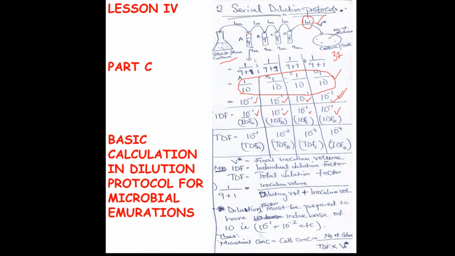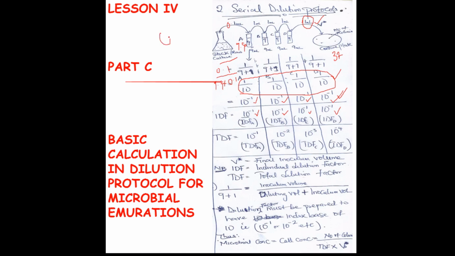There are some cases where I will change this dilution factor, where if I have 0.1 in this one, plus this 0.1, I will need to add it into 9.9, so that at the end of the day I will have 0.1 over 9.9 plus 0.1.